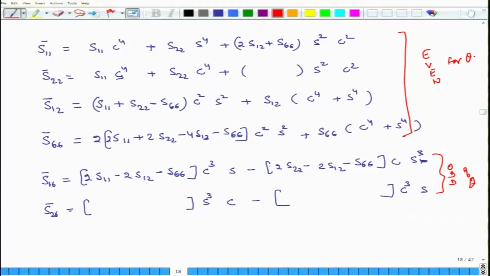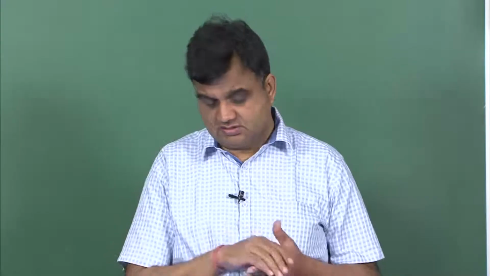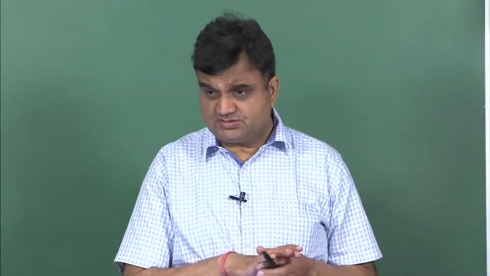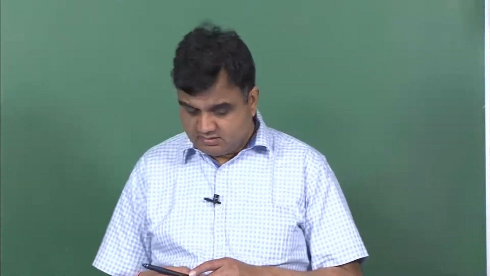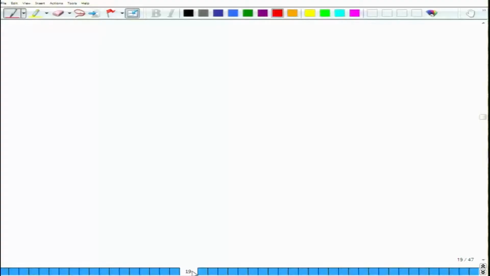So, S11, S22, S66 and S12, all these bars, if I change from theta to negative theta, the value does not change, but S16 bar and S26 bar, their values swap from positive to negative if I make theta negative theta. So, this is very important to understand and be clear about. Next, we will do an example.